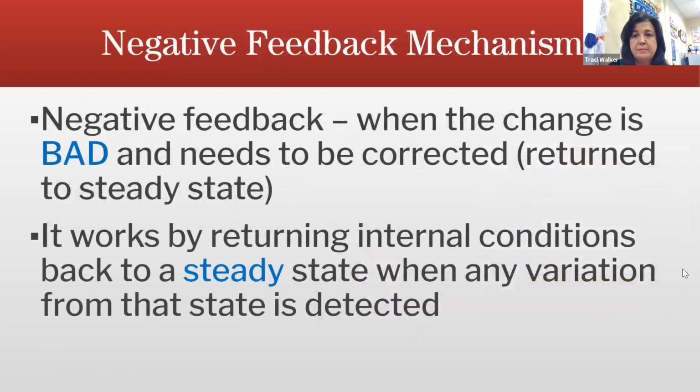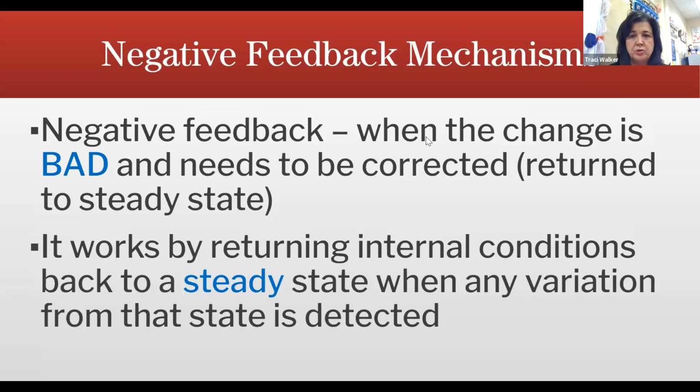So a negative feedback mechanism or feedback loop occurs when there is a change in the environment, either the internal environment of the body or the external environment the body is in, that is bad and it needs to be corrected. So basically, something about the body's environment is out of balance.